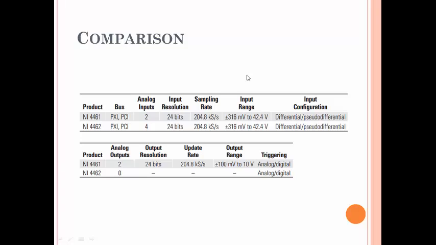The 4461 has additional features like 24-bit output resolution and an update rate of 204 kilosamples per second. It also has a staggering output range of 100 millivolts to 10 volts. These three features are, however, absent in its 4462 variant.